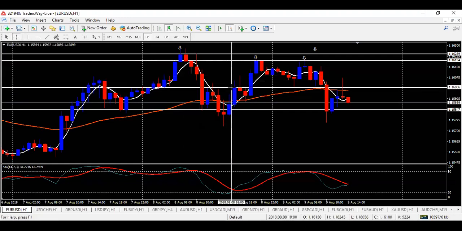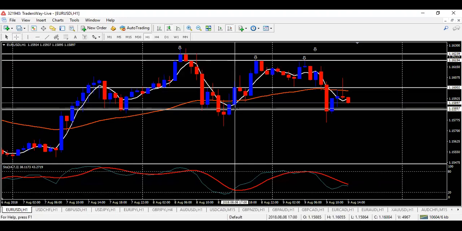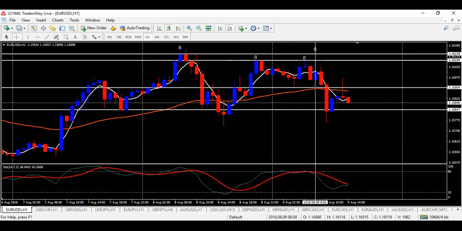So if you got in here, your drawdown was 18 pips. I'm just trying to figure out, where did you lose if you got in here? This rate gave you almost 25 pips on your take profit.